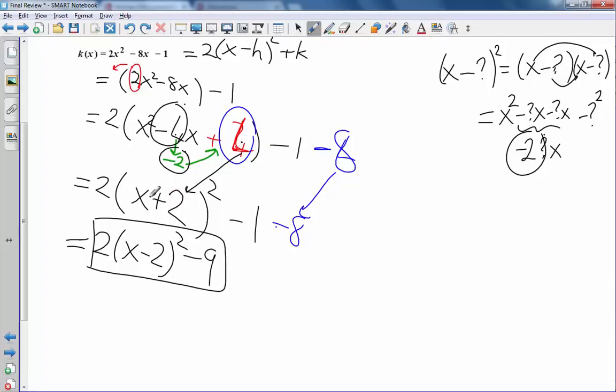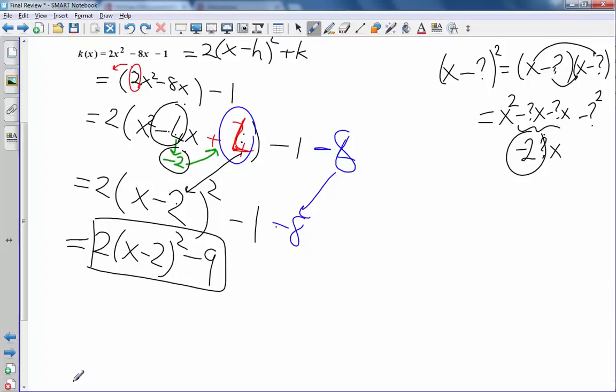No, you need to take the sign of the middle number to assign here, okay? If it is plus 2, you'll get plus 4 when you FOIL it. So you can take the last number into consideration to guess this one. Square root of 4 is 2, but when you're taking the sign here, you must consider the middle number, okay? Either take half of this or square root of this, I don't care. That's the number, -2, okay?